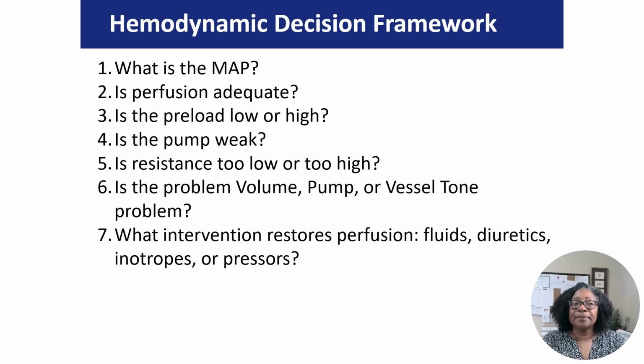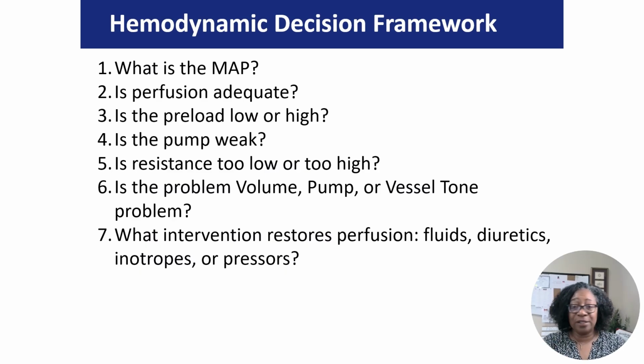Okay. Is the resistance too low or too high? Remember, systemic vascular resistance. If it's too low, there's vasodilation. If it's too high, it's vasoconstriction. Is the patient's problem a volume problem? Is it a pump problem? Is it a vessel tone problem?